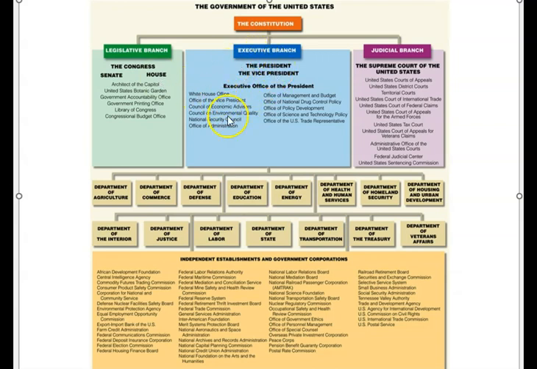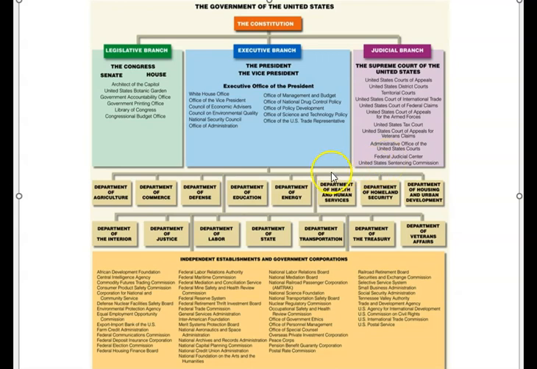You see the executive branch, which includes the President, the Vice President, and the Executive Office of the President, and those offices that reside under this framework. There are thousands of people that work under the executive branch. And then you see over here the judicial branch and the various subgroups of the judicial branch of our legal system.